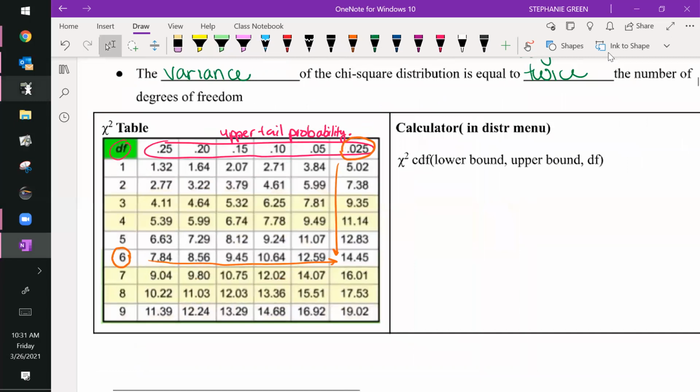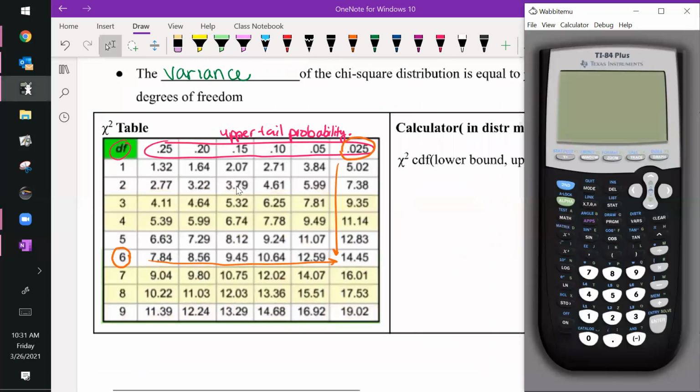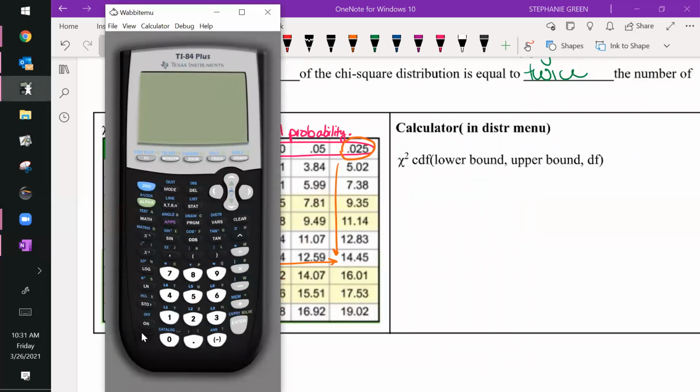Okay, there is also some chi-square options in our graphing calculator. Let me show you that. There's not as many as there are for the z and t distributions though. So if I go to my distributions menu here, second vars, remember we had our normal CDF and PDF that would give us the probability between two values, or the probability of one value for PDF.